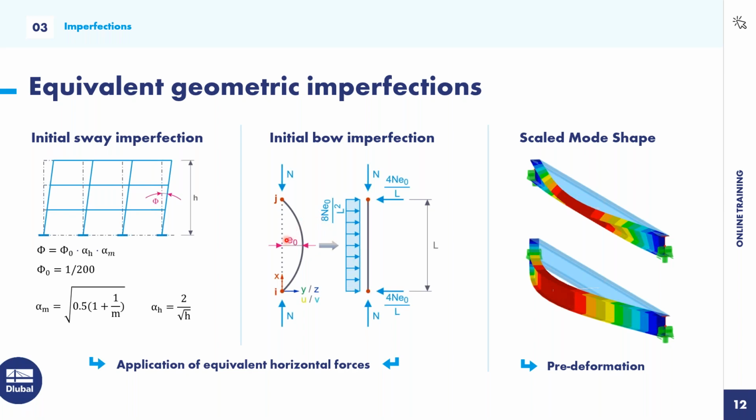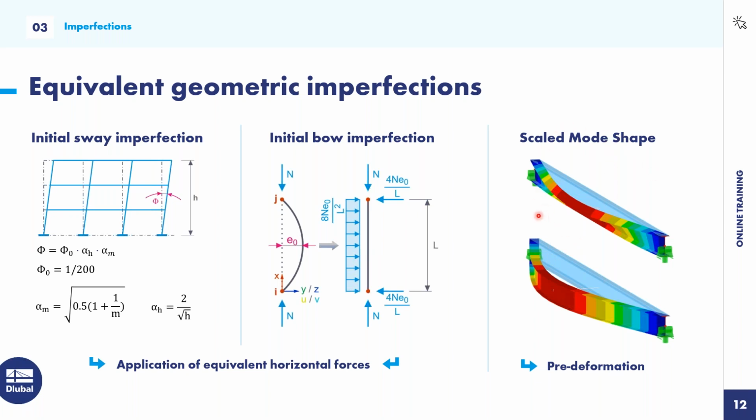This is a kind of pre-curvature, and this is a local equivalent imperfection applied to the members, and it depends on the respective profile, the yield strength, the buckling curves, and also the analysis method. So, both of them can be summarized and applied on the structure as equivalent horizontal forces. So this is one thing. Another way I can consider imperfections is with buckling shapes or buckling forms.